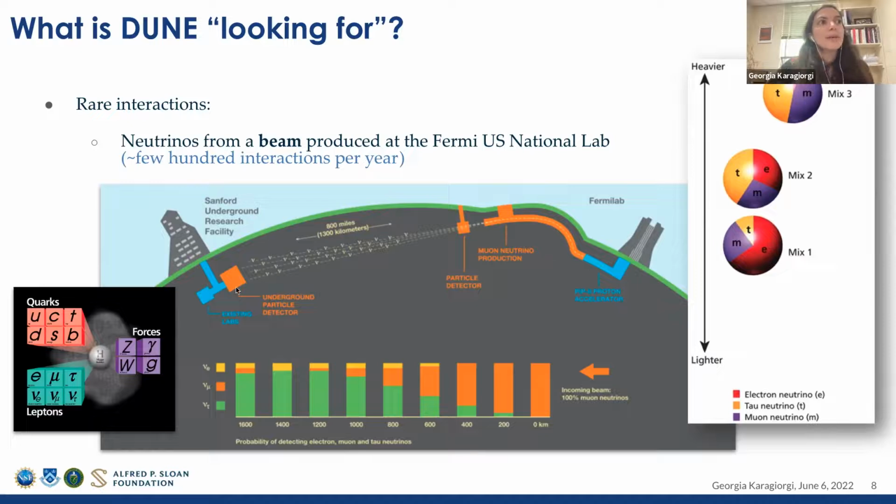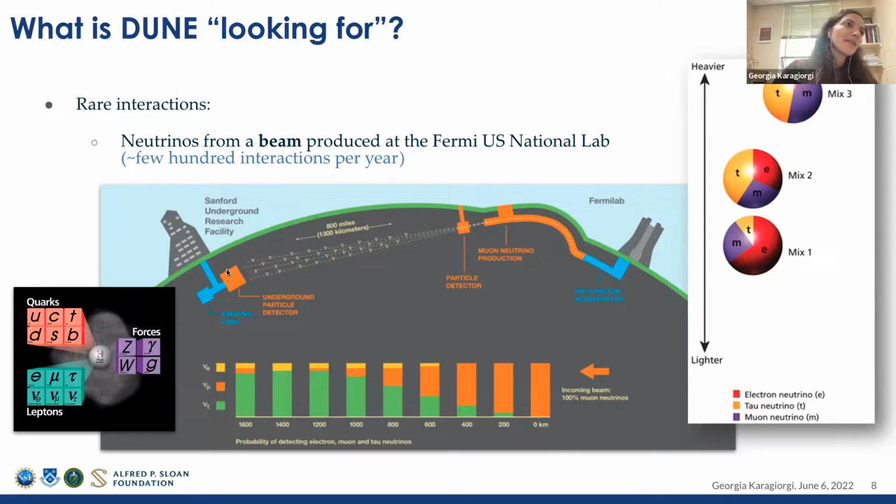So one of the primary goals of DUNE is to measure these neutrinos from the Fermilab beam, and in particular determine their flavor composition, whether they are electron or muon neutrinos. The beam produces primarily muon neutrinos, almost 100% muon neutrinos when they're produced in Illinois at the Fermilab accelerator.